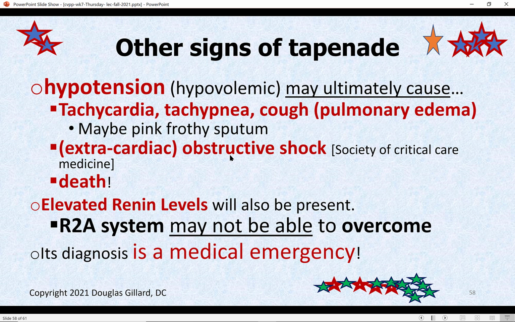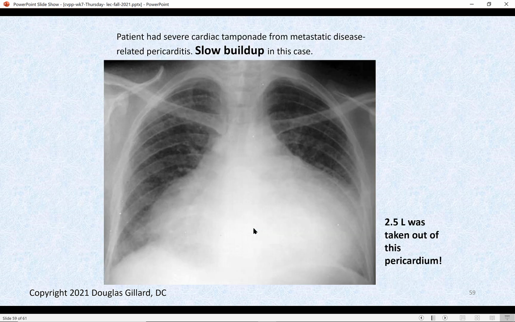In this case, it's being squeezed by a buildup of fluid in the pericardial cavity. What else? If you do some blood work, if they have hypotension, the renin levels will be elevated as well. All right. The RAAS system was trying, but it won't fix the hypotension. It's so severe. Sometimes from gradual heart failure, the RAAS system can turn on and even cause hypertension. But in this case, no.